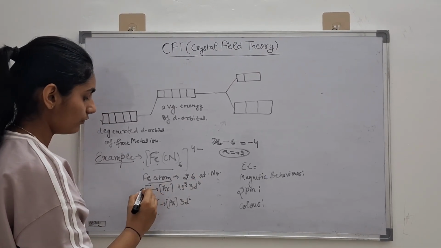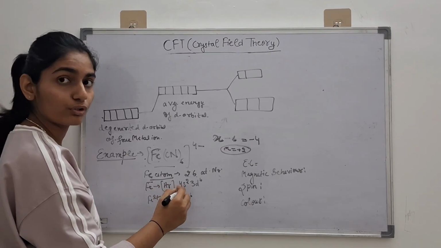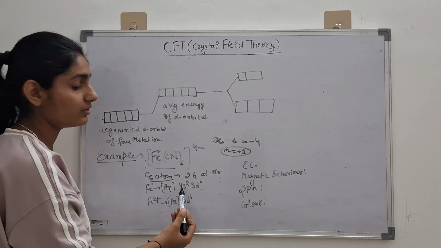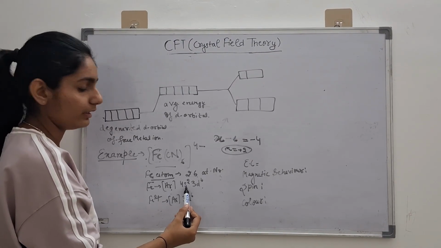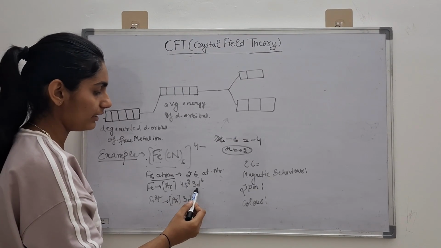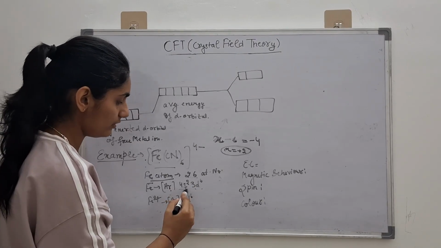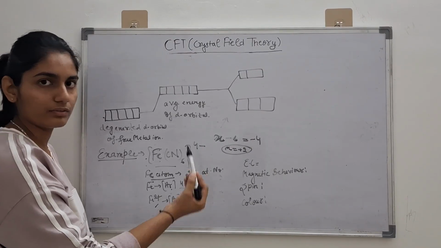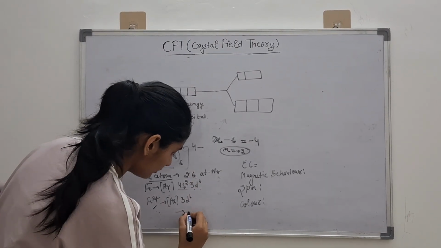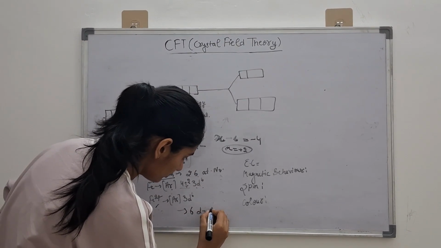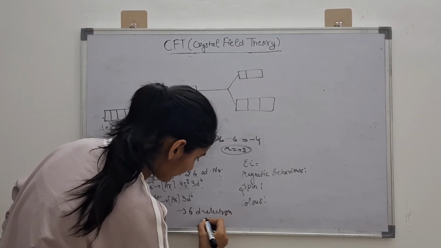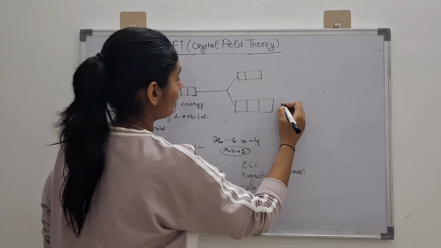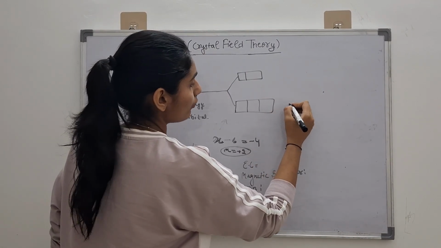The electronic configuration of Fe is argon 4s2 3d6. And for Fe2 positive, the 4s2 releases its electrons as it is lower in energy than 3d. So the Fe2 positive electronic configuration is argon 3d6. So there are 6 d electrons, which will be filled in this split d orbital diagram of octahedral complexes.